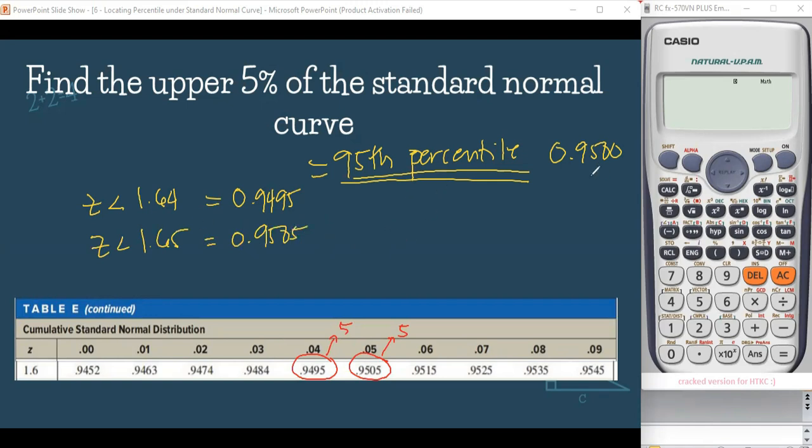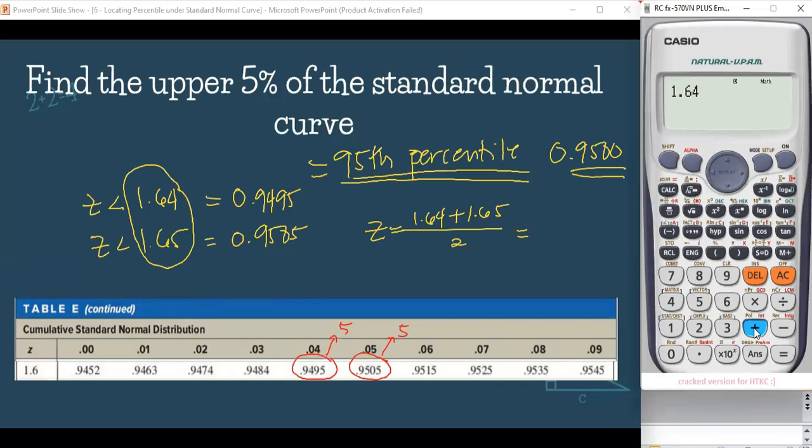So, para makuha natin si 95 lang, i-add po natin to and i-divide sa 2. So, si z po natin is equal to 1.64 plus 1.65 all over 2. So 1.64 plus 1.65 divided by 2, that is equal to 1.645. And that is our answer.